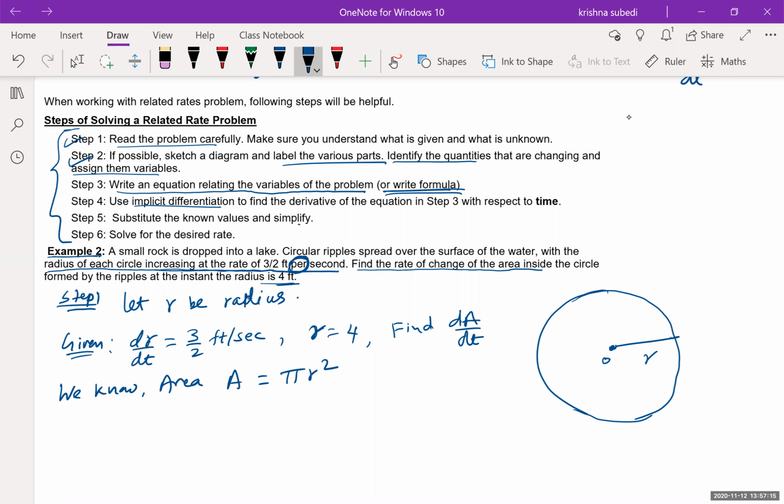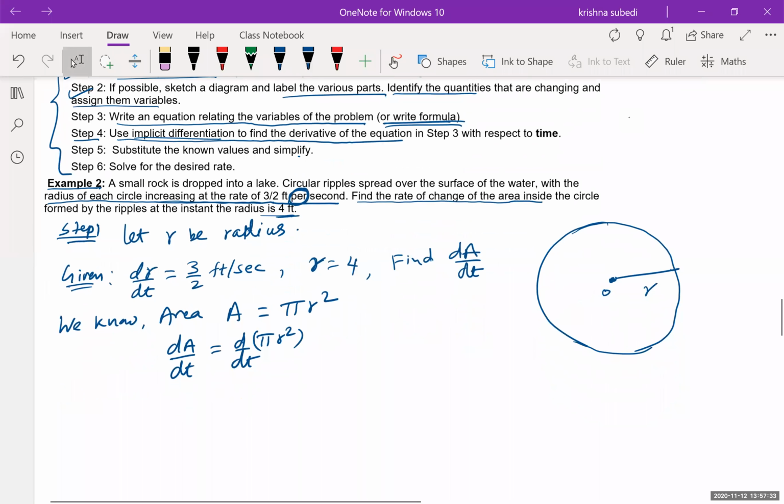And then step 4, use implicit differentiation to find the derivative of the equation. So we'll find dA over dt. Differentiate both sides with respect to t. So you will get d over dt of pi r squared, which equals pi, and r and t are different variables.